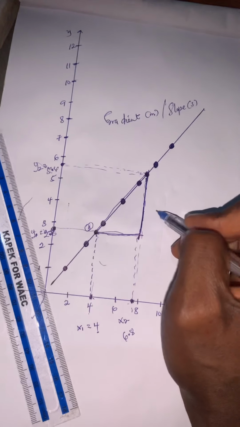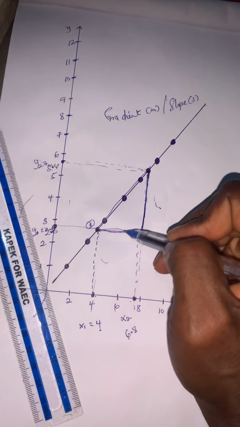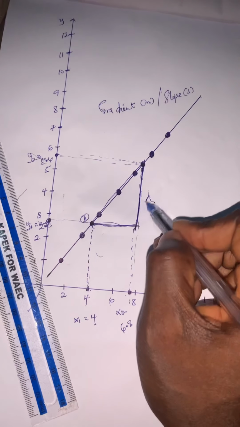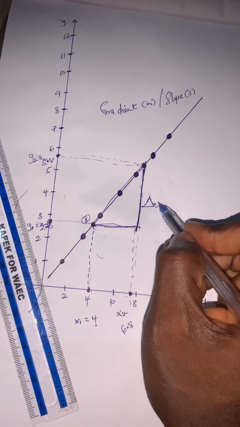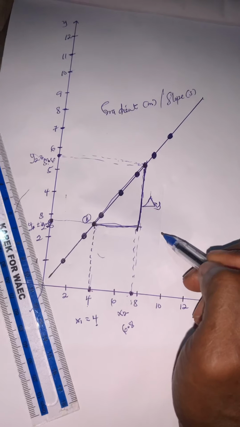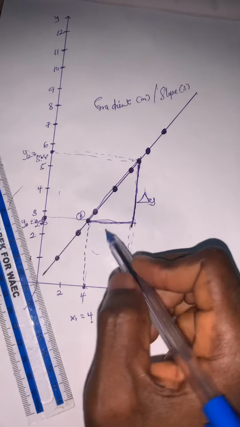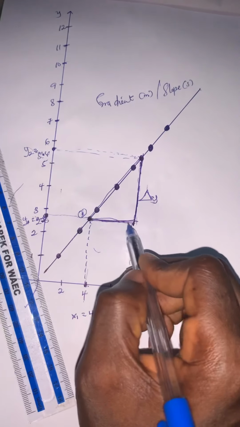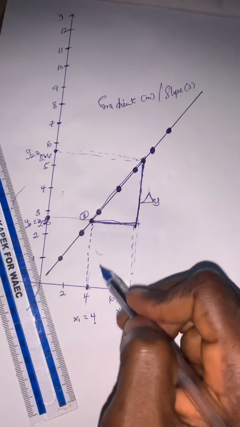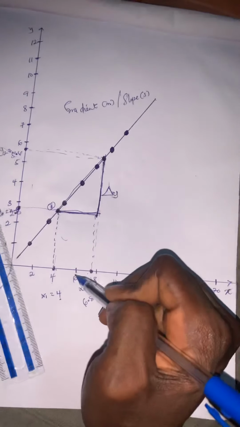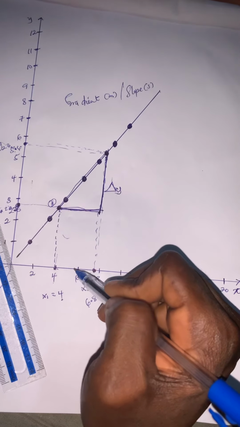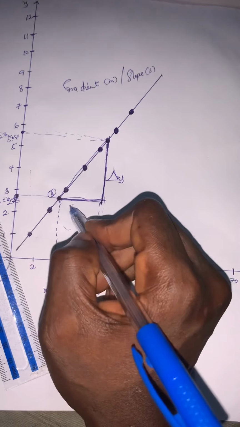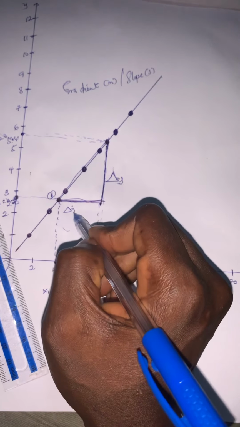Now this side of the triangle, which is vertical to the y coordinate, we call it change in y. Then the side which is horizontal, or parallel to the x coordinate, we call it change in x.